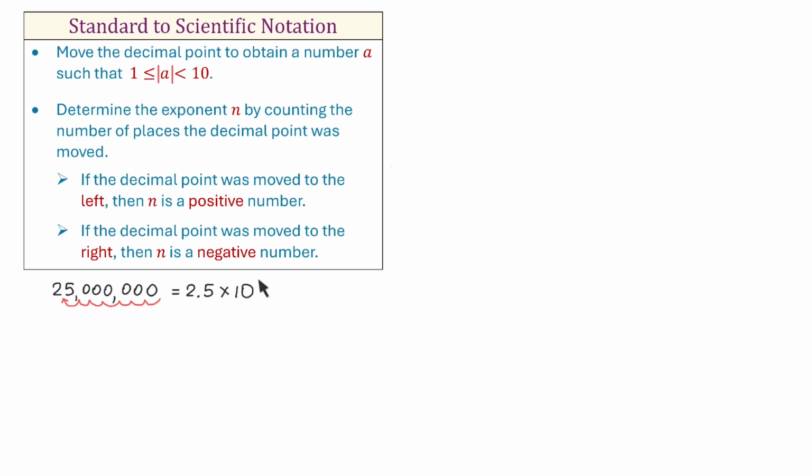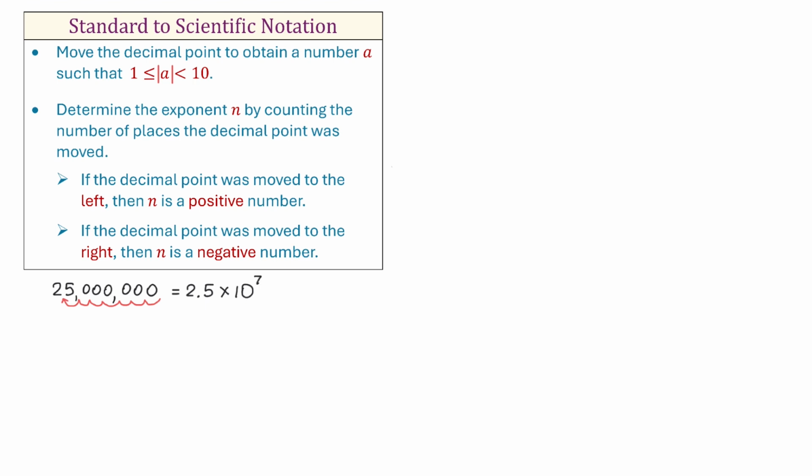And the exponent represents the number of places the decimal point was moved. If the decimal point was moved to the left, then the exponent n is a positive number, but if the decimal point was moved to the right, then the exponent n is a negative number. In this case, the decimal point was moved to the left 7 places, therefore the exponent will be positive 7.